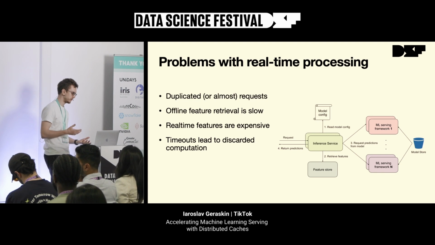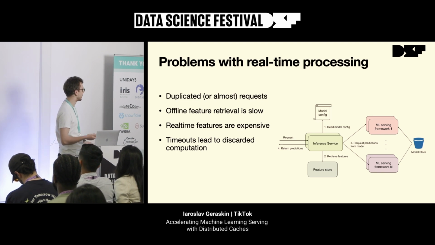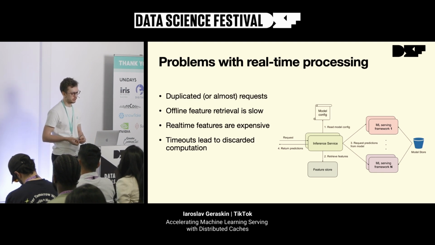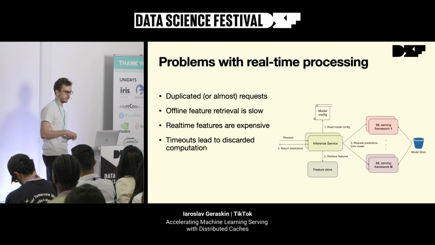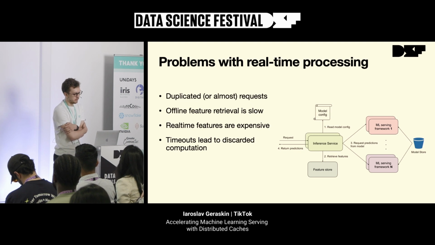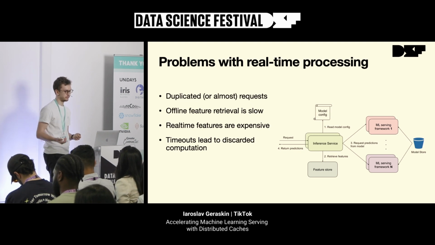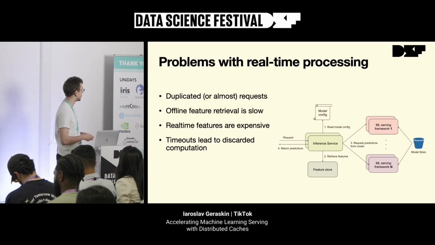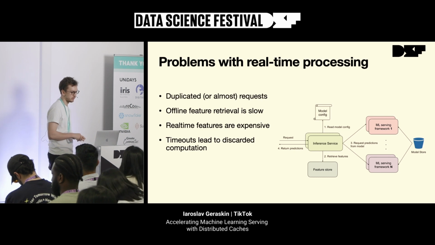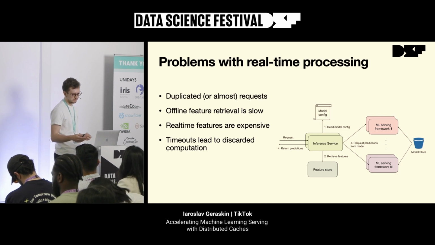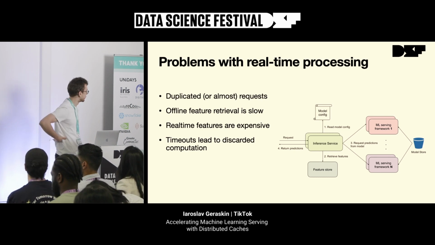In 1 hour, one user can leave a lot of likes on their videos or leave a lot of comments. And if we verify every request users make, then we can quickly run out of resources because we compute duplicated requests a lot, because that's the source of the traffic.